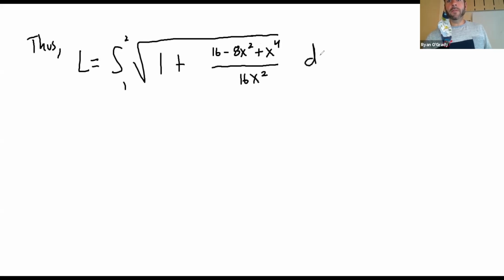So this is what we have to integrate. And right now it looks like an absolute atrocity. But fortunately, some very useful algebra is going to save the day.